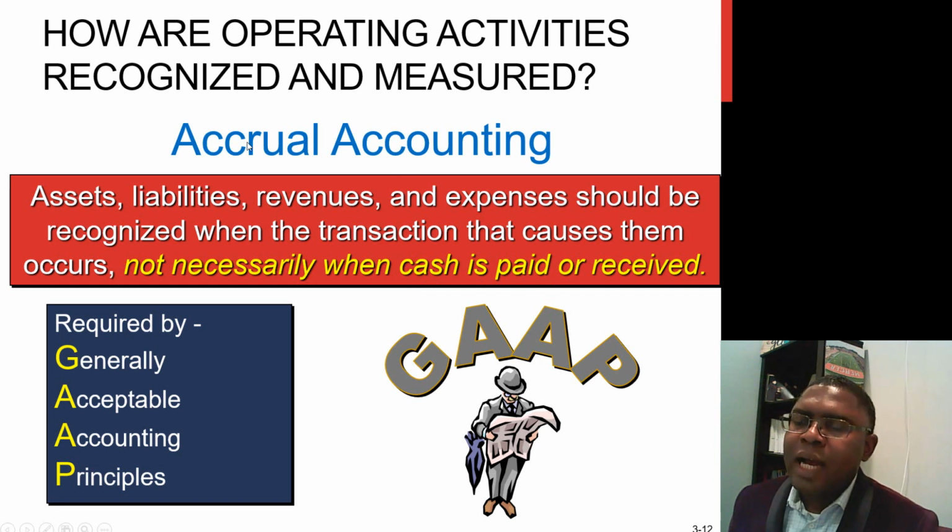And accrual accounting is required by GAAP, which is the generally accepted accounting principles. So when a transaction occurs and that transaction involves revenue or liabilities or assets, then we are going to recognize that transaction. So we will not only wait until there is an exchange of cash.